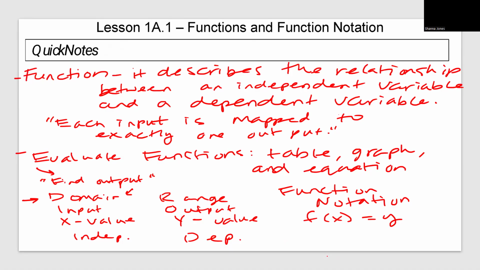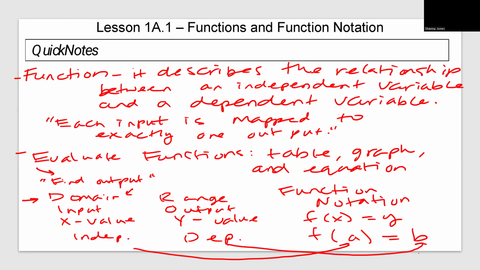But because it's function notation, it can be based off whatever your values are being defined. The function at A gives me B. Does that make sense? Your input is inside of the parentheses. So this is our Dixie, and this is our Roy.